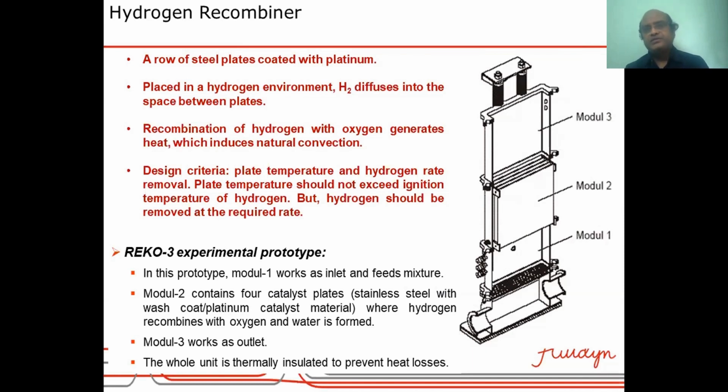It needs a source, like a spark from an electrical switch. But when a platinum plated steel plate is placed in a hydrogen oxygen environment, this platinum acts as a catalyst, and hydrogen combines with oxygen by itself without any external energy addition.